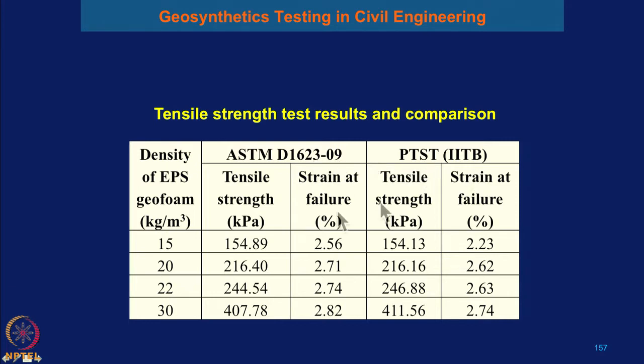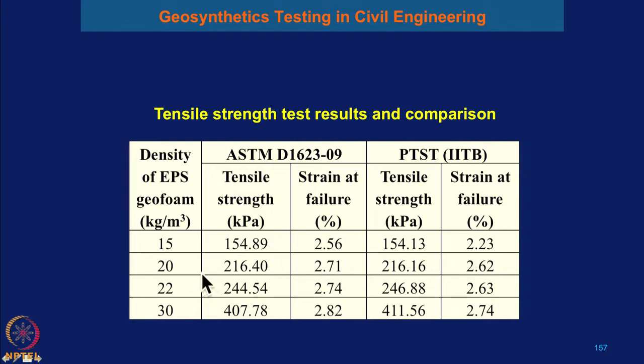So, this is as per ASTM D1623 and this value we have compared with the value of our proposed tensile strength test machine in IIT Bombay, which uses an I-shape type of sample. So, tensile strength, you can see, for the density of EPS geoform 15 kg per meter cube, as per IIT Bombay is 154.13 and the corresponding strain at failure is 2.23.